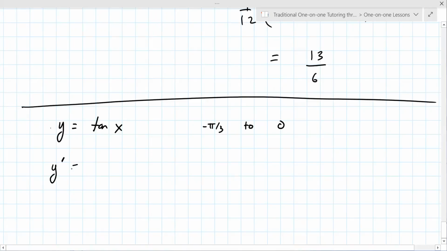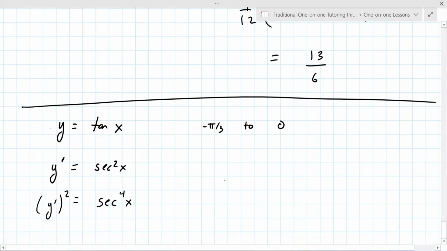So the first thing you do here is you take your derivative. What do you recall your derivative of tangent? Secant squared. Secant squared x, great. And then you square both sides. So you get secant to the 4th x.